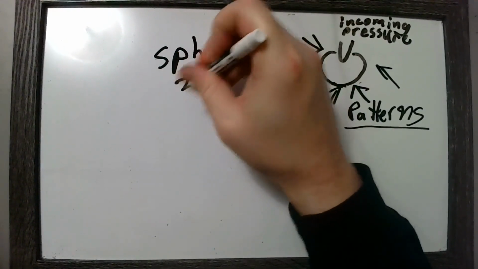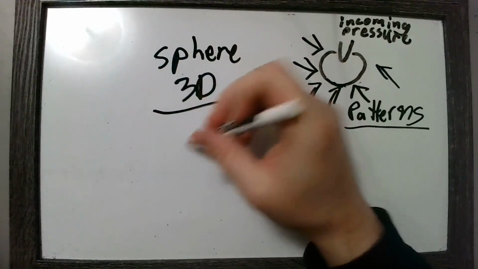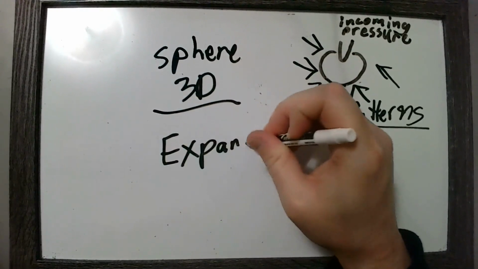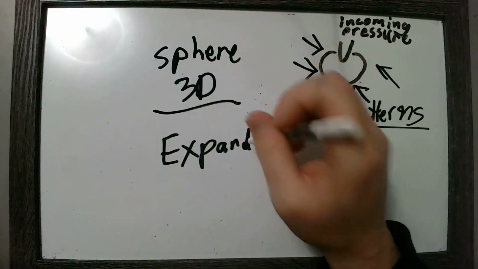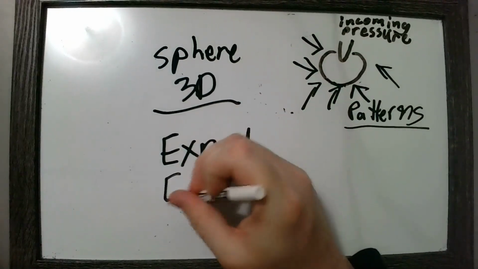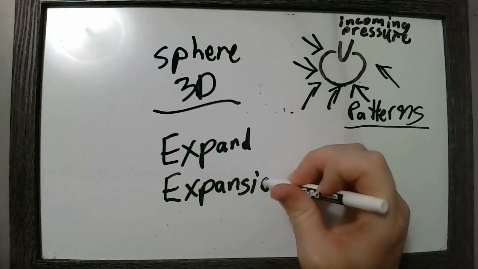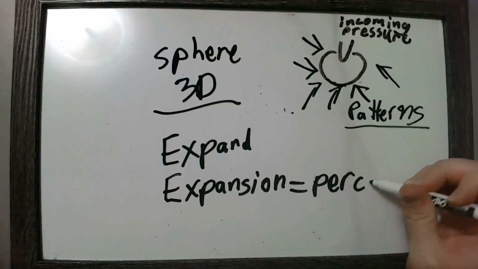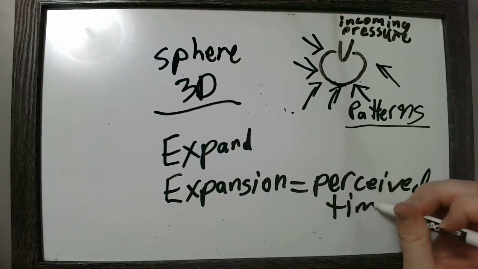It's often three-dimensional, and anything that is not this will expand. So when you're dealing with units that want to expand, this expansion is our perceived time.